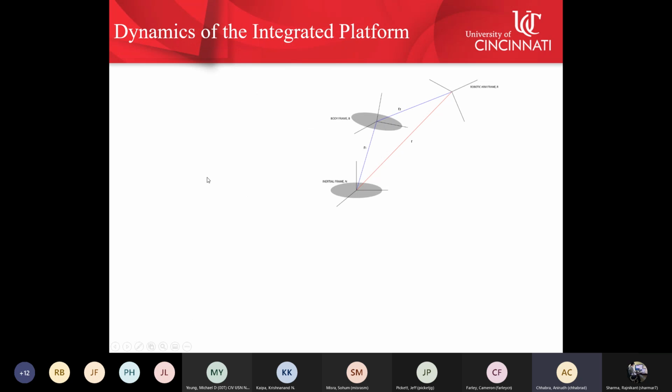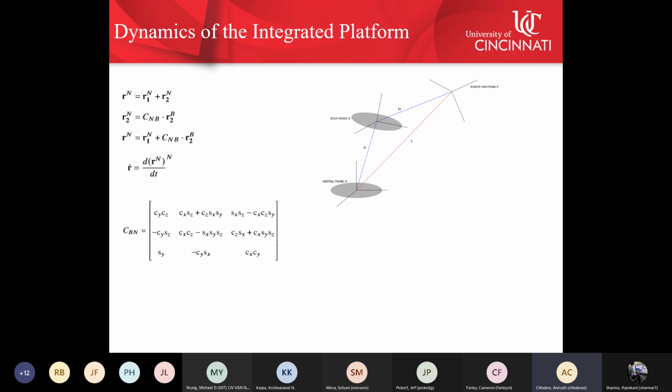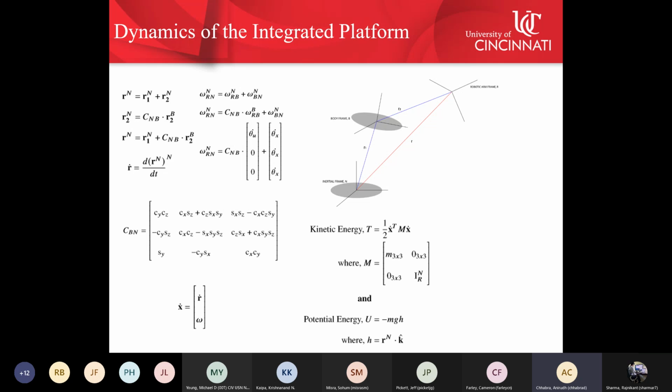And so this is a frame diagram, and we form the position vector and get the velocity from it, the translational velocity. Here we also form the direction cosine matrix to define the relationship between the frames, and then we define the angular velocity similarly, and we use it to form our total velocity vector, which gives us the kinetic and potential energy, and we can form our Lagrangian.